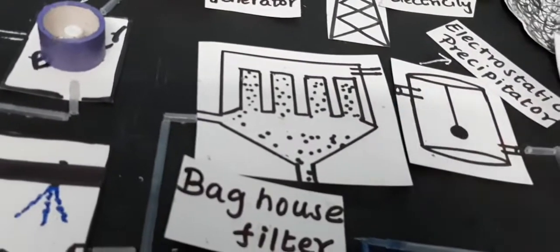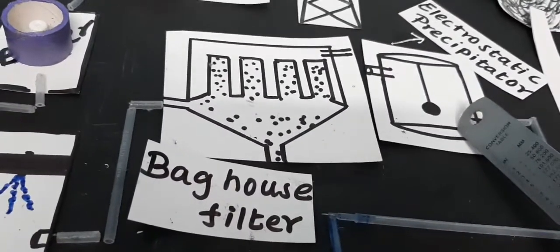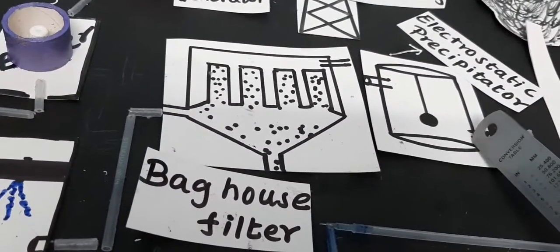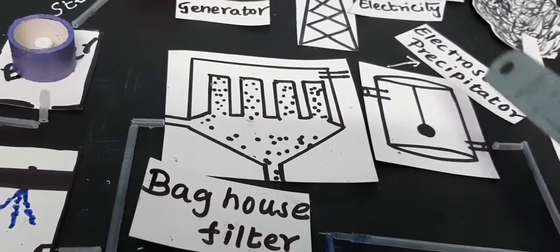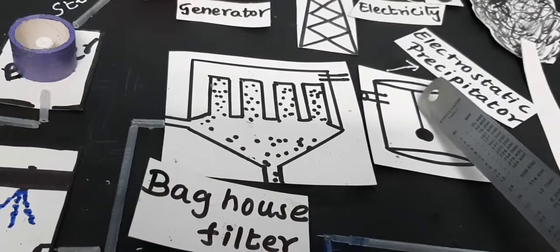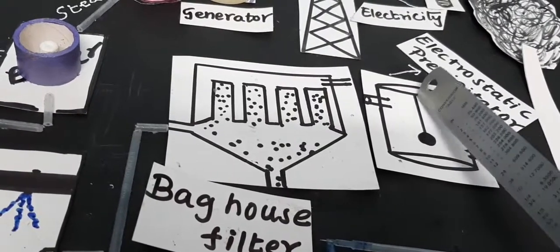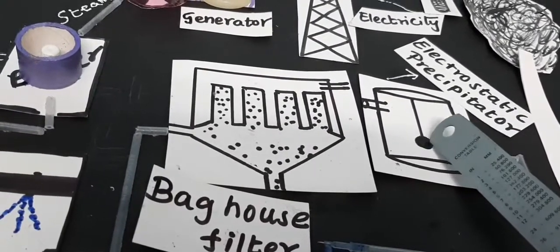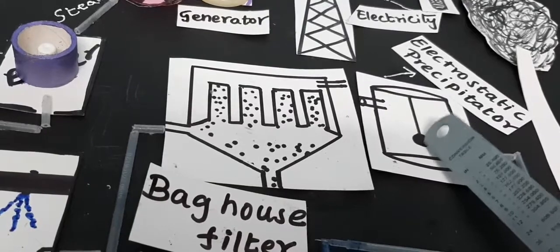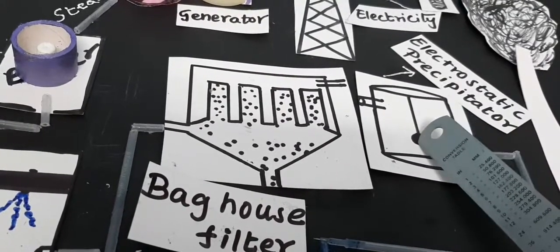In this device, the walls of the container are positively charged, and at the center there is a negatively charged electrode. It is positioned at the center by hanging with a heavy metallic sphere.